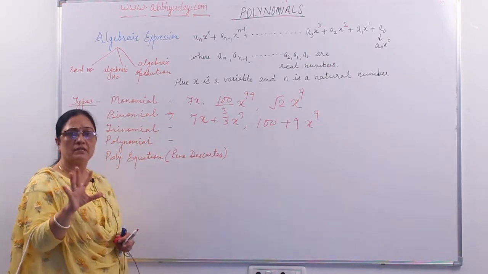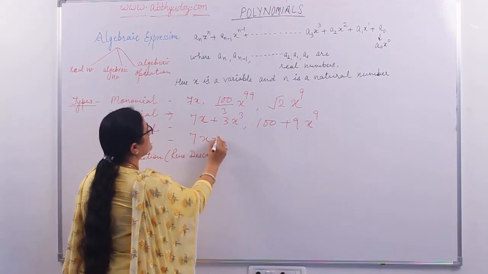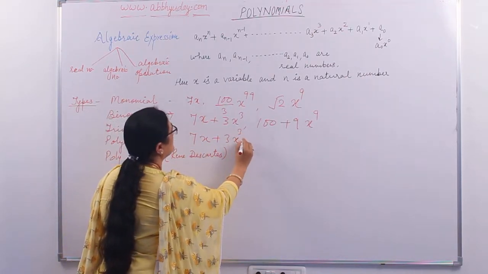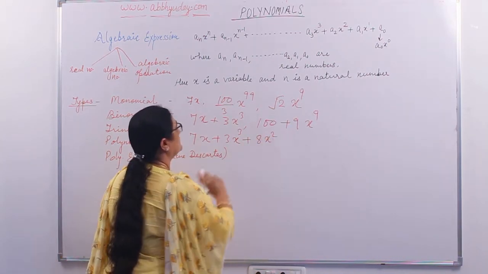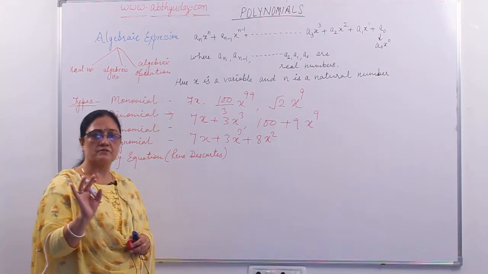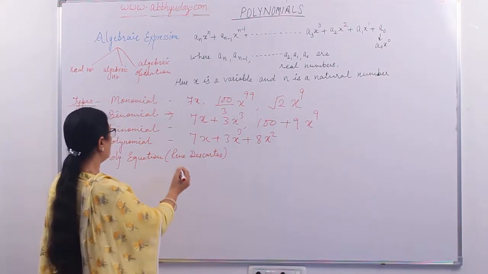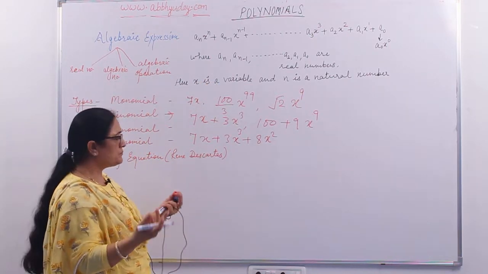Trinomial. Tri means 3. Now trinomial. Let's write a trinomial: 7x + 3x^3 + say 8x^2. It is a trinomial. इसमें 3 terms हैं. And polynomial already I have written there. So you can write here any polynomial.